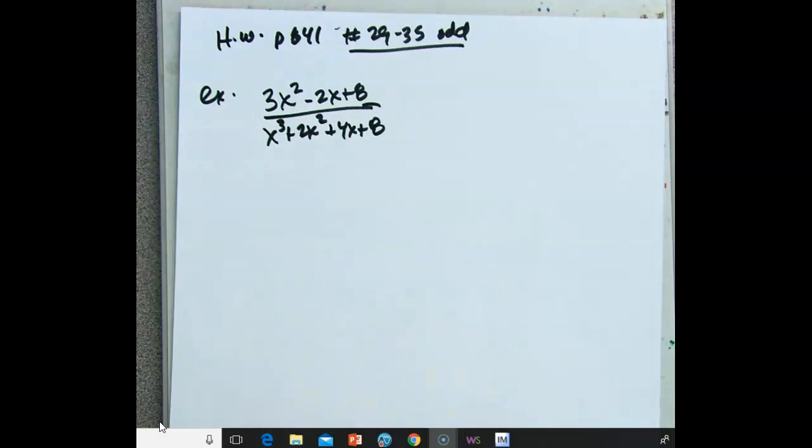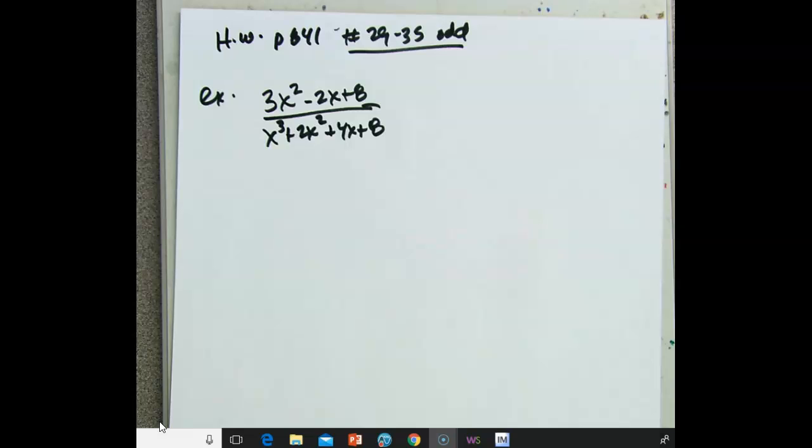Now, the first step is to always try to completely factor your denominator. So my question to you all is this: can the denominator be factored? Yes.